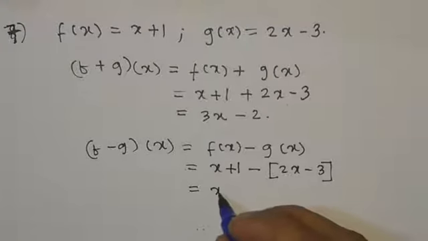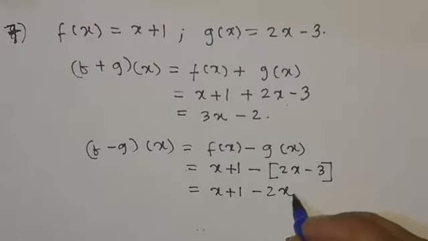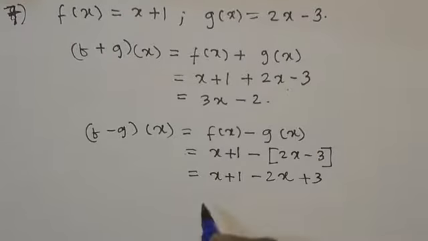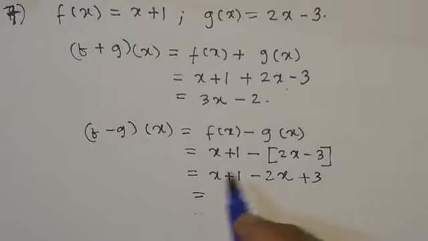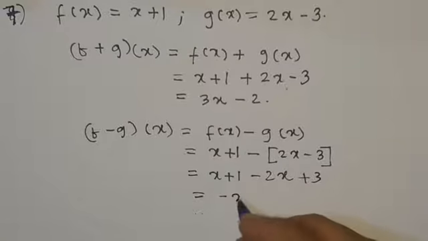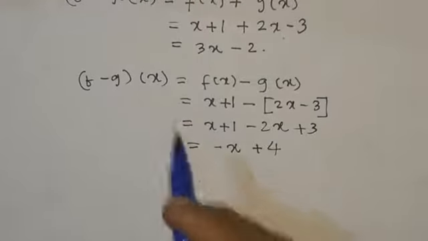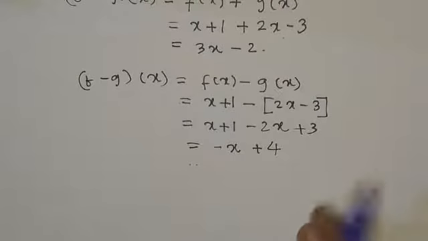So that is equal to x + 1 - 2x, minus of minus 3 will be plus 3. So x - 2x will give you -x, plus 1 plus 3 will give you plus 4. So (f - g)(x) is equal to -x + 4.